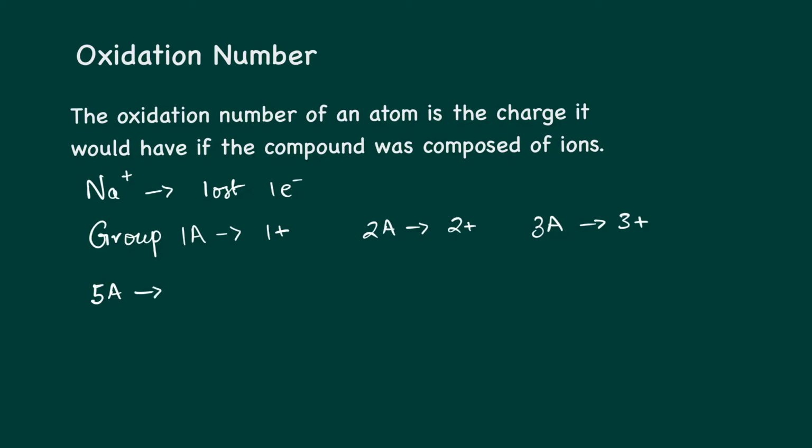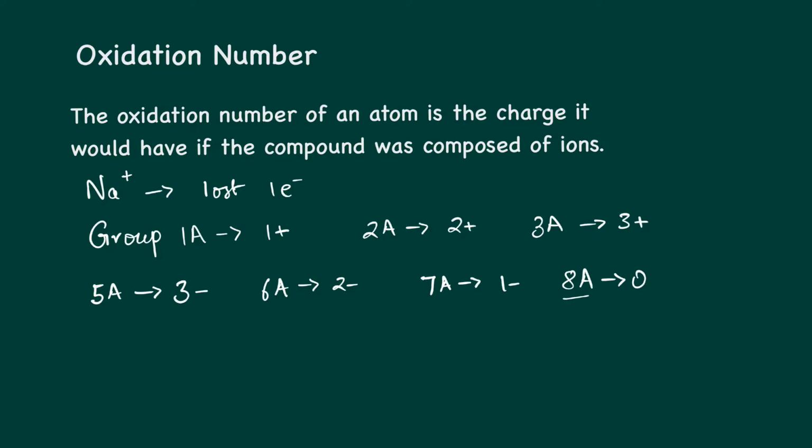And because you are making anions, which is what you get when you gain electrons, now you have 3 negative, 6A is 2 negative, 7A is 1 negative, and then finally 8A is 0, because if you remember, 8A is the noble gases, and noble gases already have 8 electrons, so there is no need for them to either lose or gain electrons.